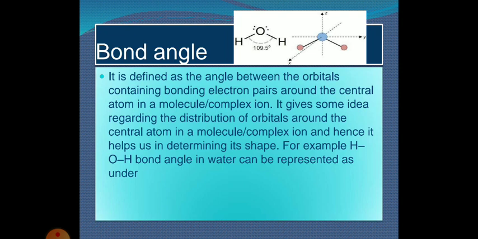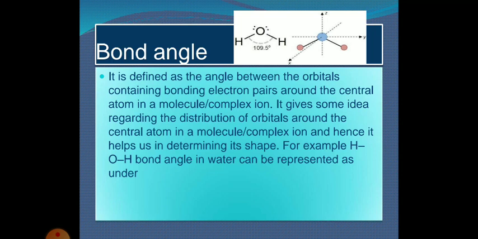In this slide you will get one of the detailed structures at the top. The HOH bond angle denoted in this slide is 109.5 degrees, and the three-dimensional arrangement of the atoms in a water molecule is also shown here.